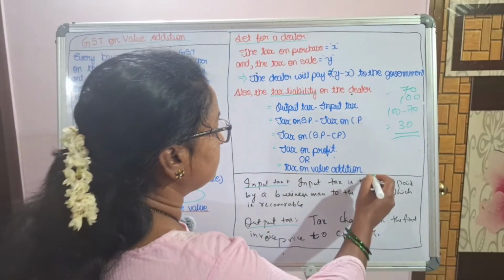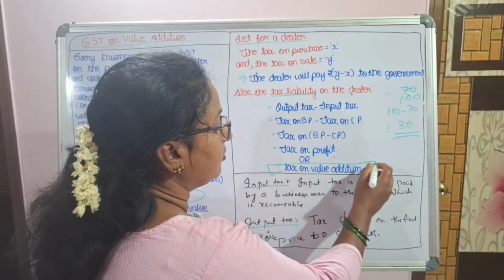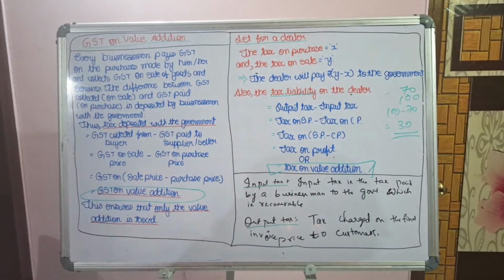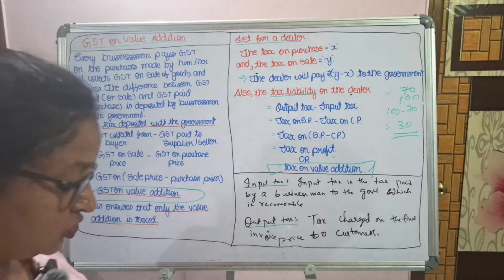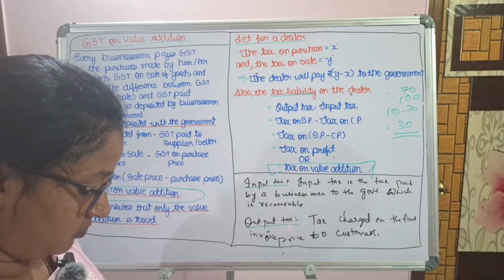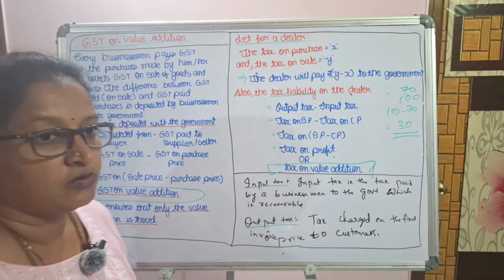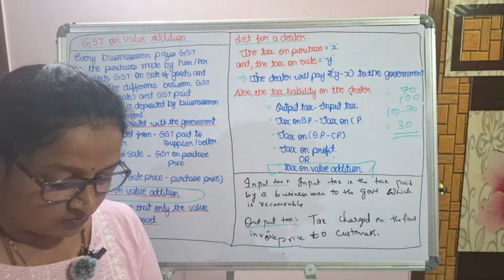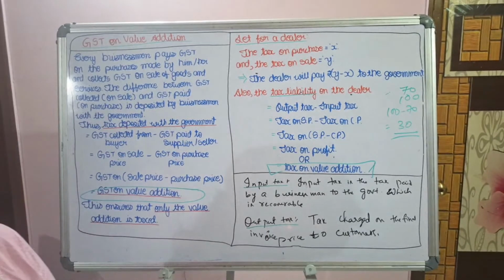This is called tax on value addition. I hope you all understood. Please take the screenshot so that we can start with exercise 1.2.